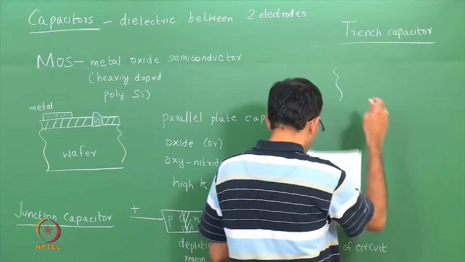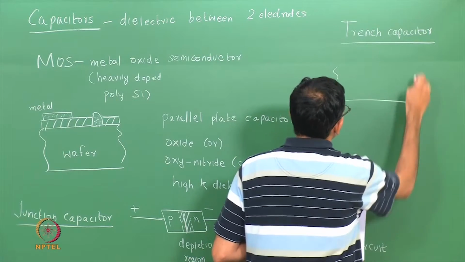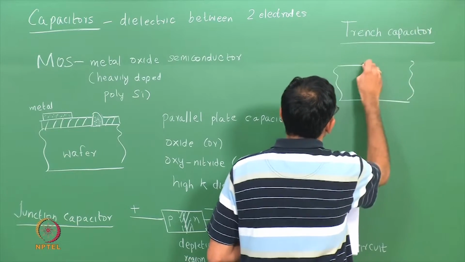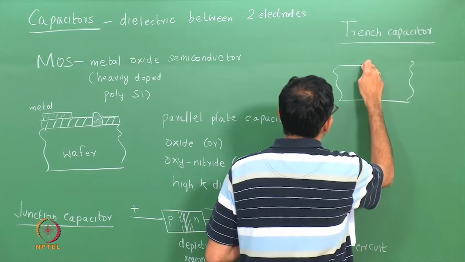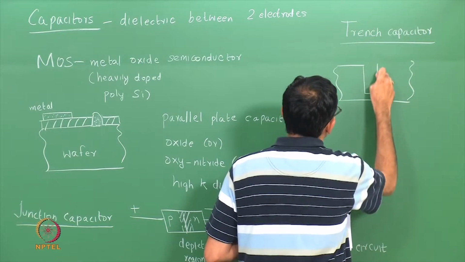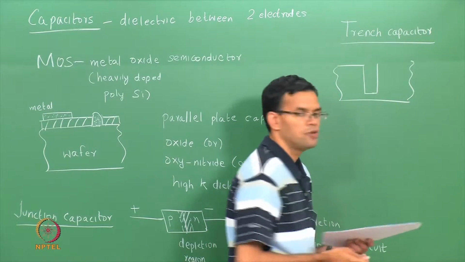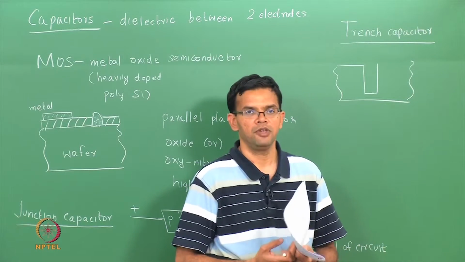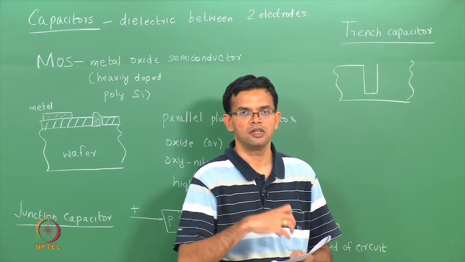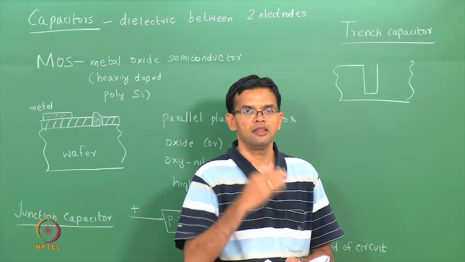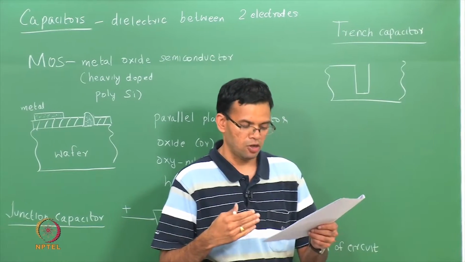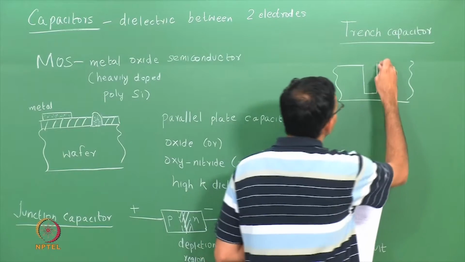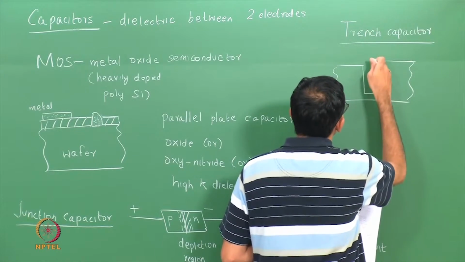So, the schematic of a trench capacitor is like this. So, this is your wafer surface. A trench is usually formed in the wafer. This is again done by lithography, where lithography opens a certain window, and then the window is protected by some sort of an oxide layer. So, this is the window.